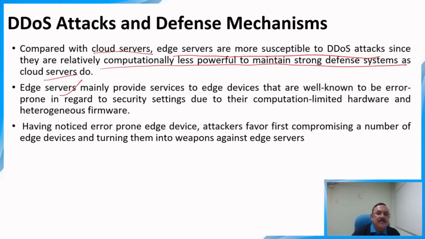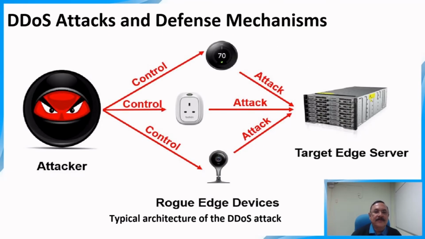Edge servers mainly provide services to the edge devices, which are well known to be error prone with regard to security settings due to computation limited hardware and heterogeneous firmware. Having noticed the error-prone edge devices, attackers favor first compromising a number of edge devices, turning them into weapons against the edge servers.